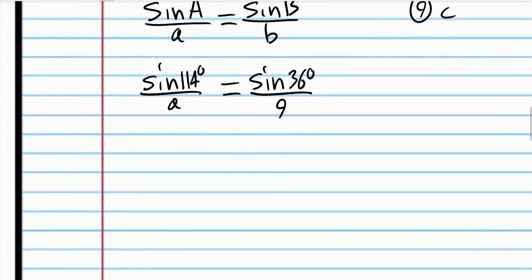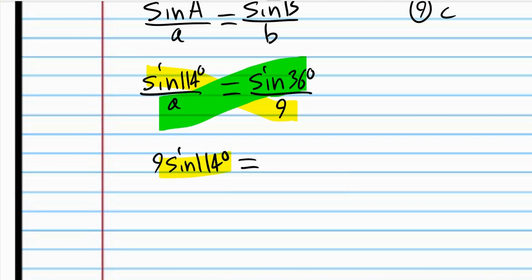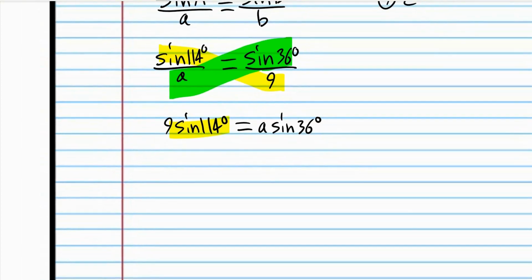And remember, there's a lot of different ways that we can solve this. The fastest way is probably to use cross multiplication. So if I multiply these, I get 9 times sine 114 degrees. And if I multiply these green ones, I get A times sine 36 degrees. Well, then we're going to divide both sides of the equation. And by the way, you don't have to show all this work.